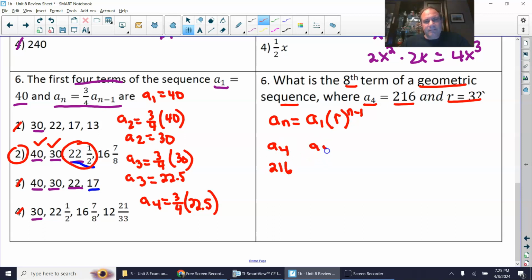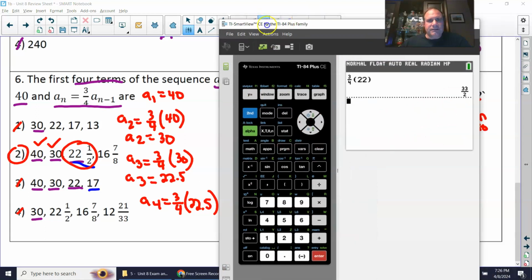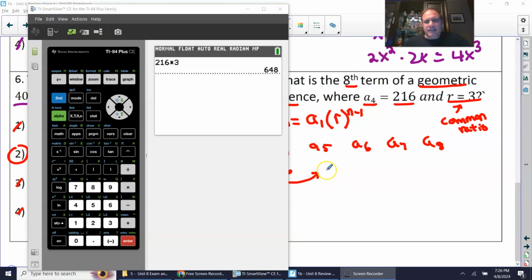A sub 4 is 216. A sub 5, I don't know what that is. A sub 6, a sub 7, and a sub 8, that's what we need. If r is 3, this is the common ratio, so we are just going to multiply to get there. 216 times 3 is 648.